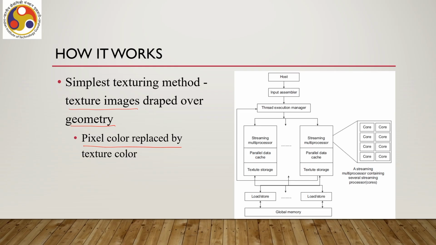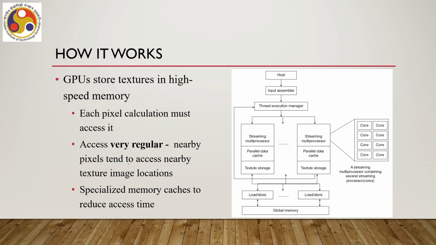So, pixel color is replaced by texture color, that is the simplest method. In order to do that, GPUs store textures in high speed memory. So, each pixel calculation must access it. Now, access is very regular, that means nearby pixels tend to access nearby texture image locations, and specialized memory caches are there to reduce the access time. Note that here we have this texture storage as part of the graphics card.